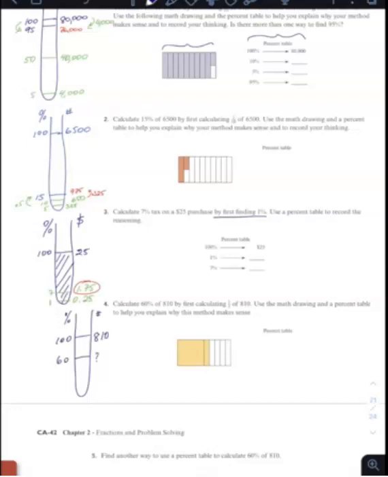And what it's asking us to do is first calculate half of 810. And I will let you do that on your own. Find another way to calculate 60% of 810, so you can go back and create a second method for that. And then I'm also going to leave you with number 6. Use the percent table to calculate 55% of 180.